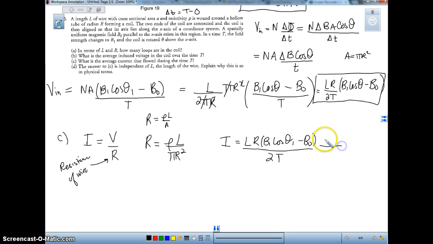That gives me pi r squared on top. And then rho, which is something we can use, because in the problem they gave you that.